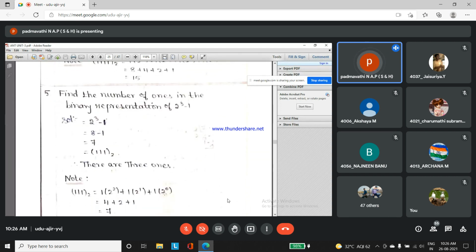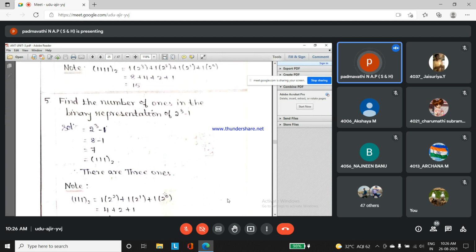Then find the number of ones in the binary representation of 2 power 3 minus 1. Do it now.